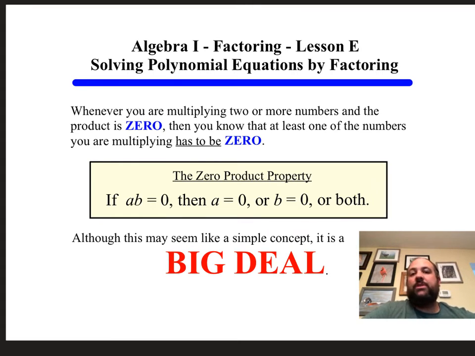And really all we're saying is that when you multiply two numbers and you get 0, one of them has to be 0. This might not seem like it's really that important, but it honestly sets up everything that we're going to do moving forward in this lesson and everything that you're going to do moving forward next year in Algebra 2. So we're going to talk about the zero product property and see how it works with solving polynomial equations. Let's look at our first example.